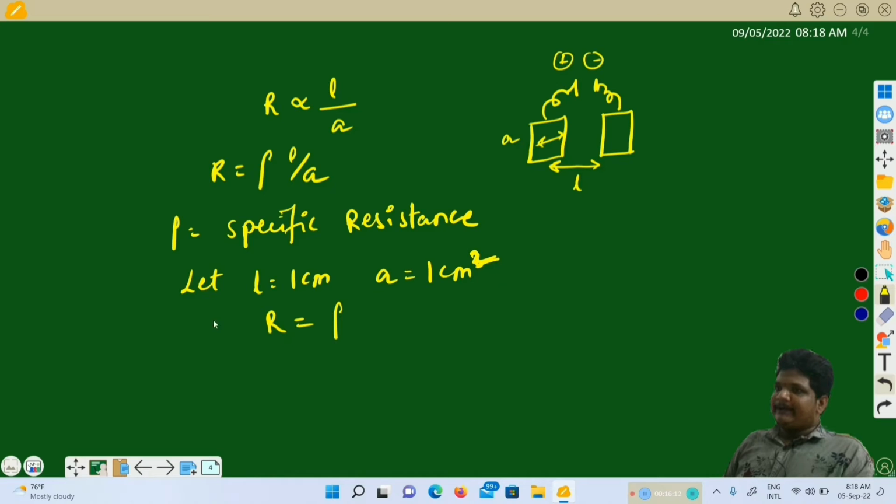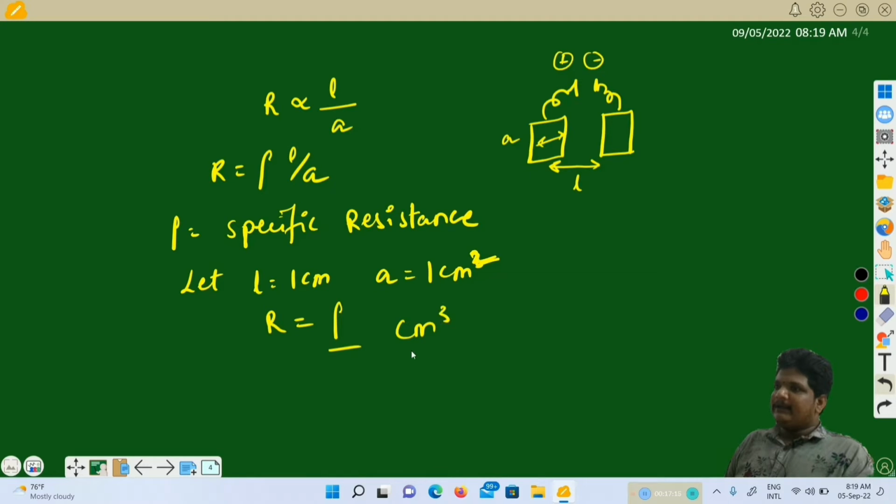So the resistance of a conductor is directly proportional to the length of the conductor and inversely proportional to the area of cross section. Now we are introducing a new term, in the place of the proportionality constant, that is rho. Here rho is the specific resistance, defined as the resistance of a specimen of 1 centimeter cube conductor.